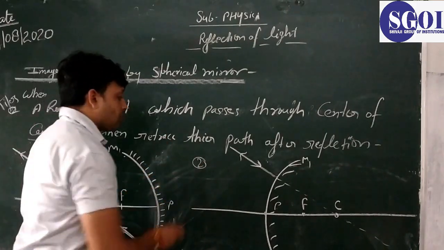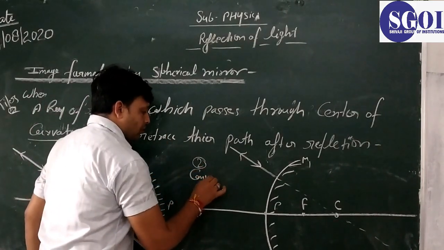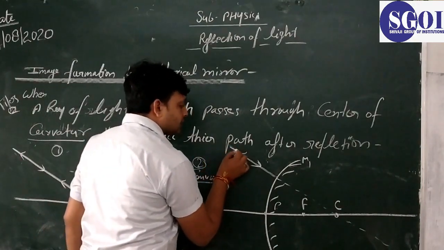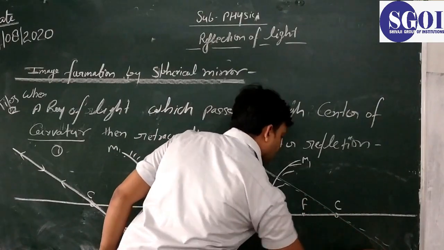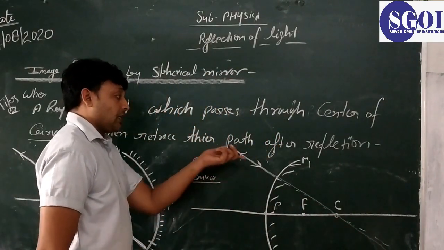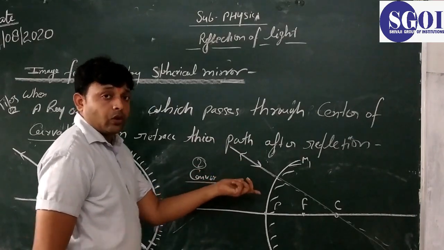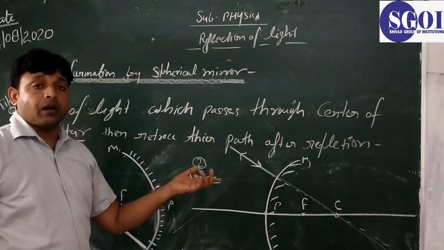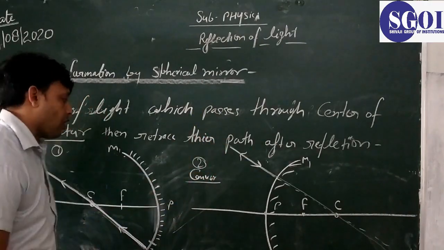But for the convex mirror, a light ray passes through the center of curvature, and after passing, it is reflected in the opposite direction along the same path. This path is called the retraced path after reflection. Now, note this.